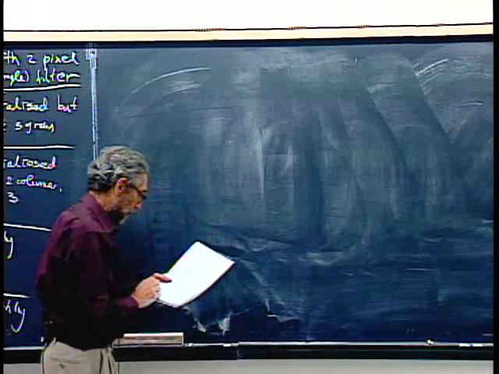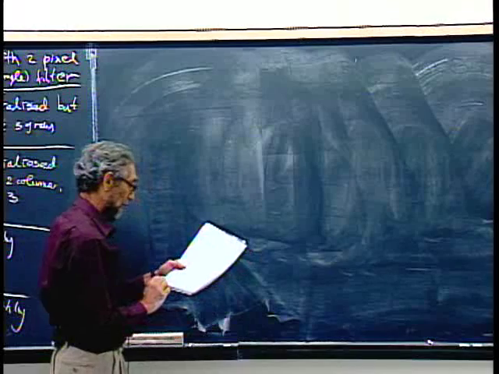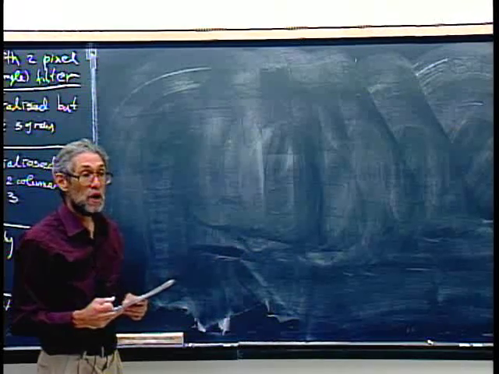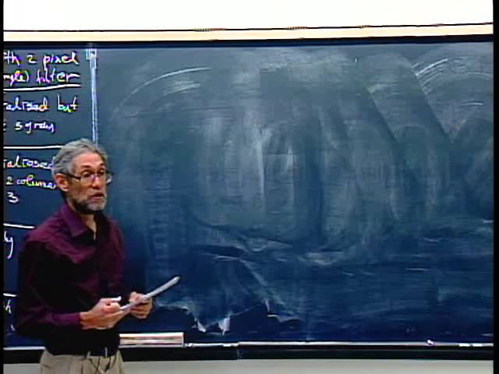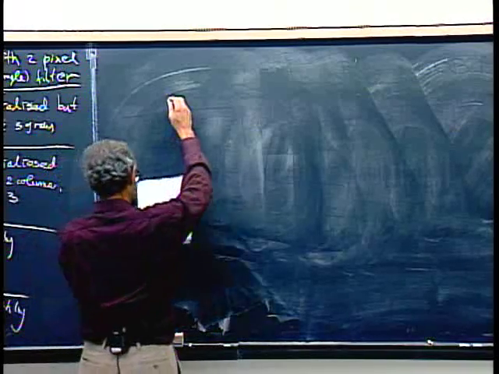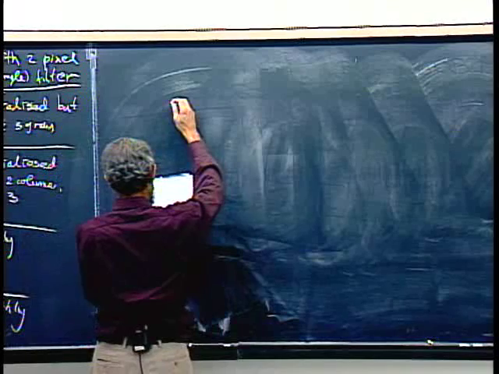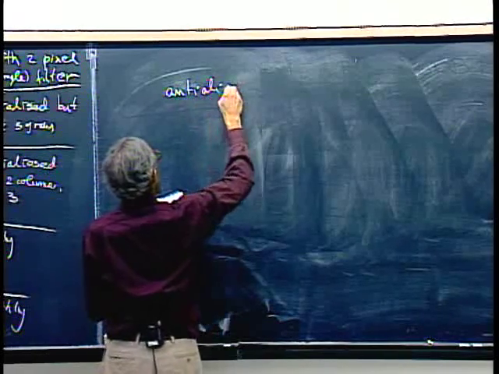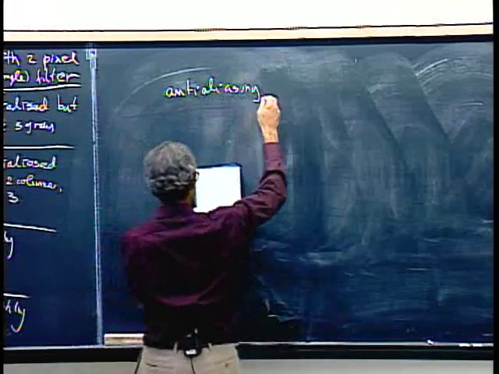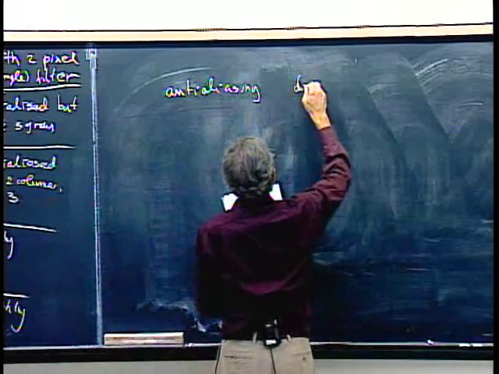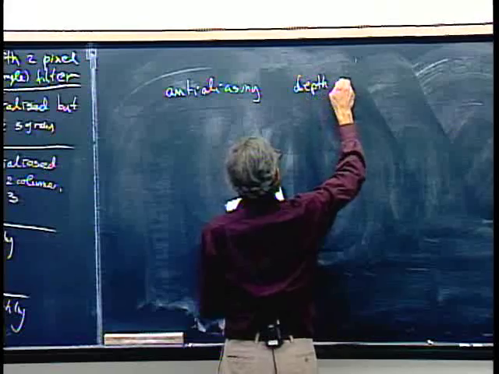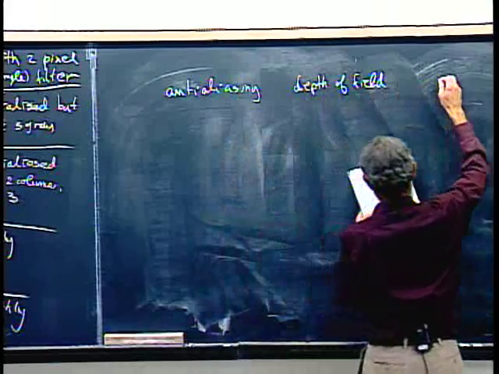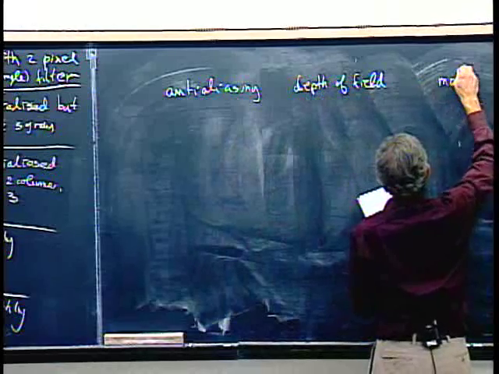Oh, before I do that, just to make sure that I get time to say it, for the homework, I'd like you to give me 4 different kinds of pictures. So what it's going to say is anti-aliasing, depth of field, maybe 5, motion blur.